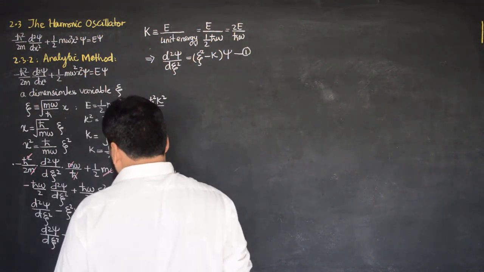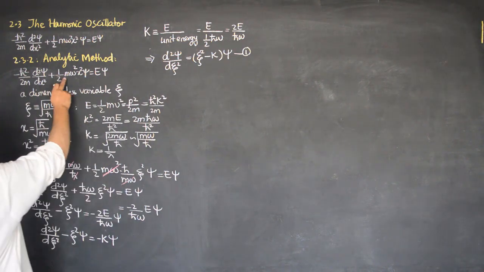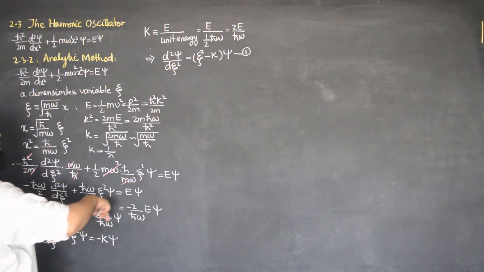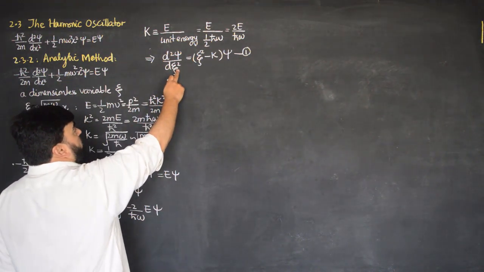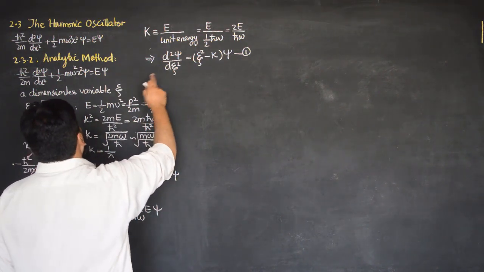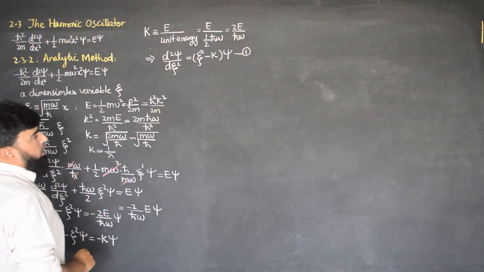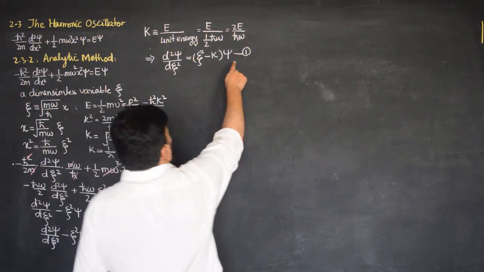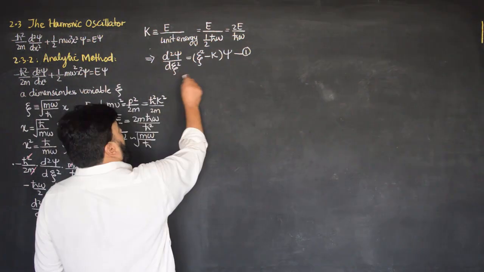So we have successfully converted the Schrödinger wave equation into xi, which is a dimensionless variable. Now we will try to solve this equation.